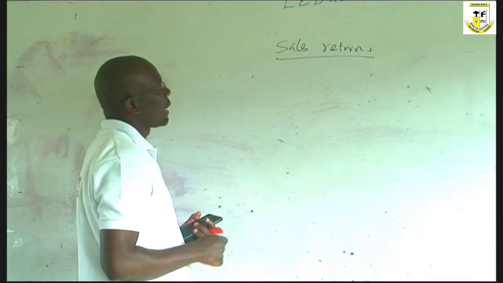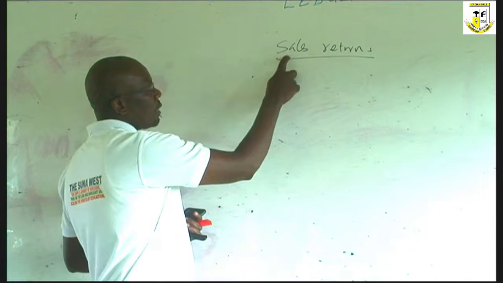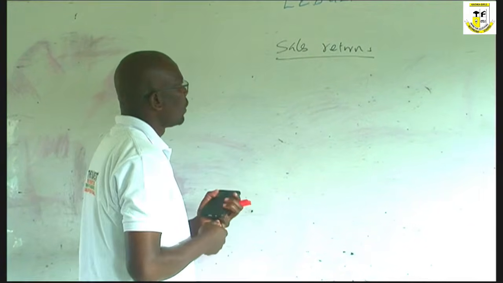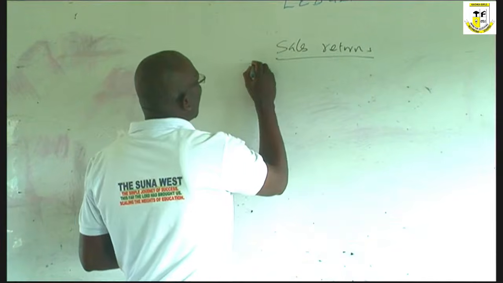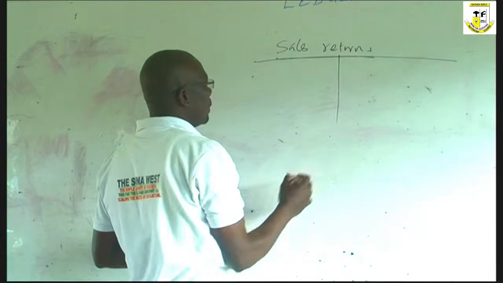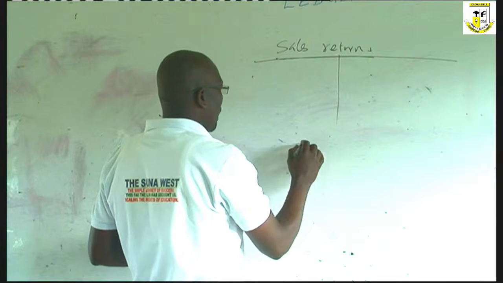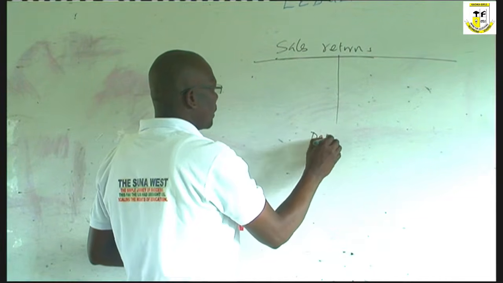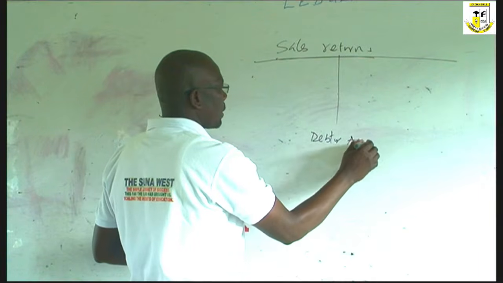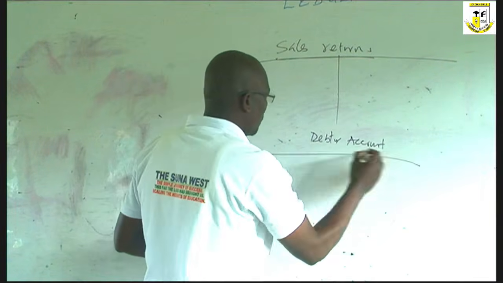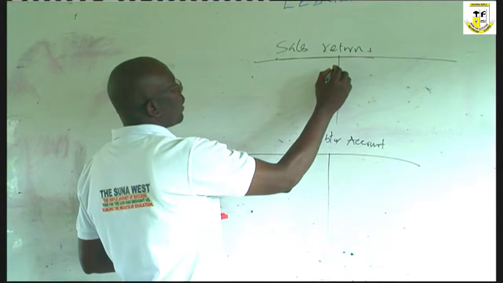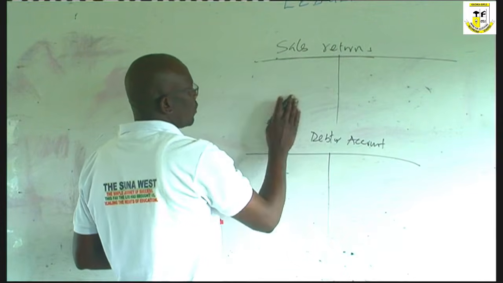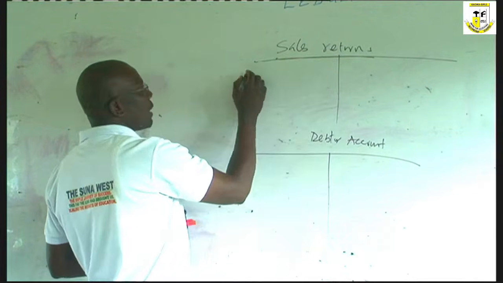We credit the debtor's account in the name of sales returns. So in that case, we have sales returns and we have the debtor's account. So here we are going to debit here.